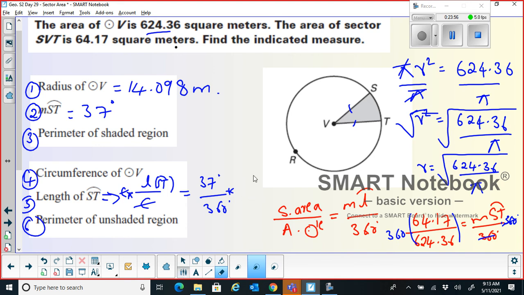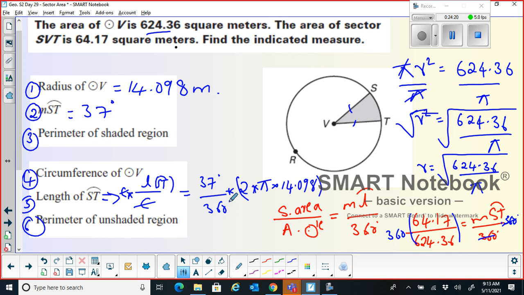Circumference is 2 times pi, and the radius of the circle that was given to us, we found the radius 14.098.